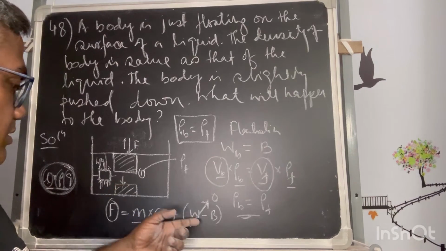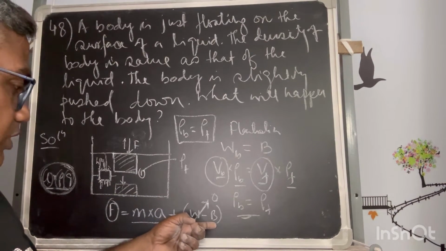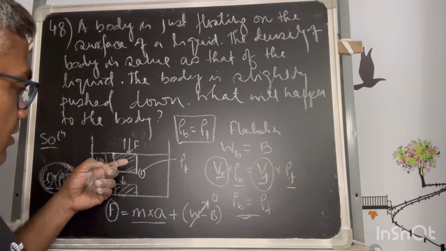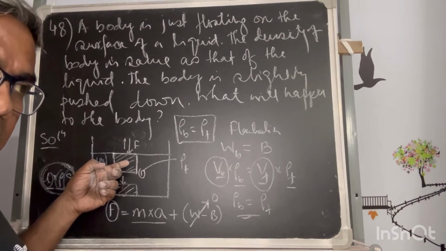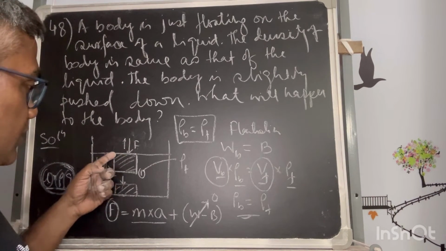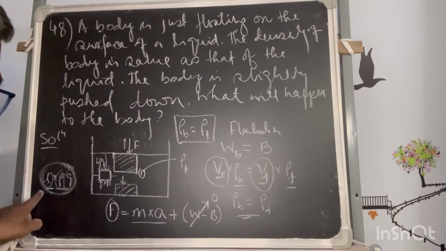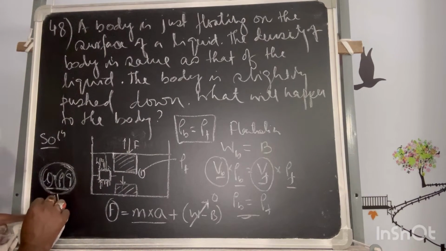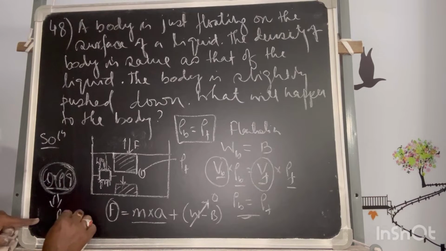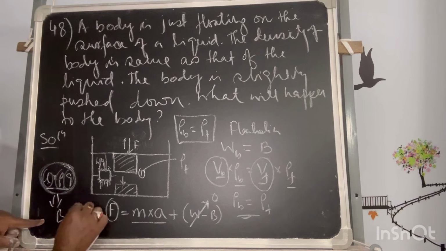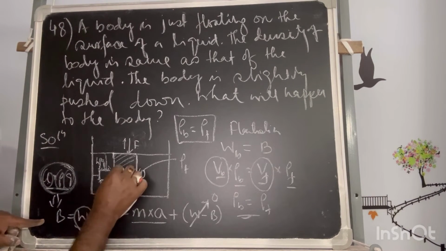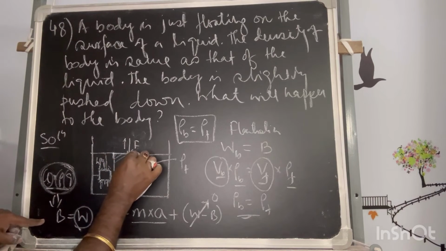So anyhow, it is the buoyant force. This buoyant force is being equalized by the weight. That's why it is floating. So this effect is equivalent to the buoyant force. The buoyant force is already countered by W as it is floating on the surface.